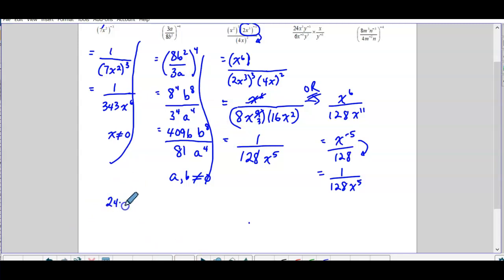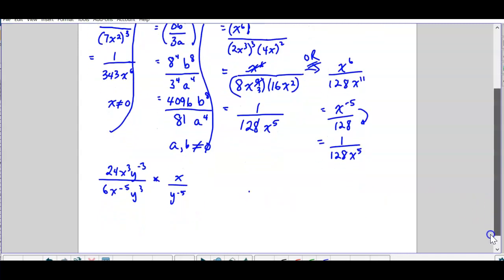So 24x cubed y to the negative 3 over 6x to the negative 5 y cubed times x over y to the negative 5.